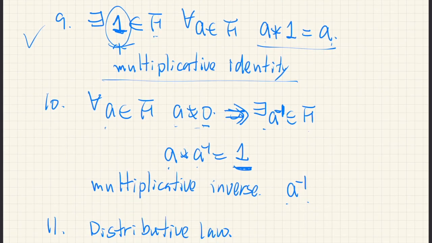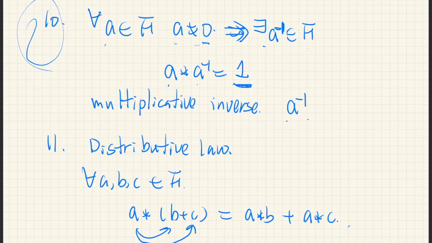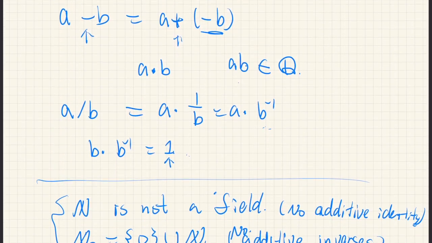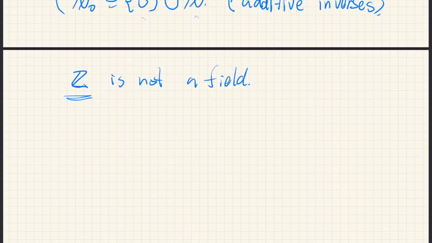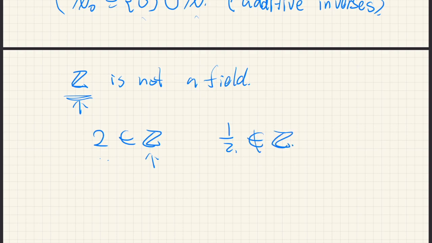However, the existence of multiplicative inverse is not satisfied for the set of integers. For example, 2 is an integer, but there is no multiplicative inverse in the set of integers. The multiplicative inverse of 2 is, of course, 1 over 2, but it's not an integer. So it's not a field.